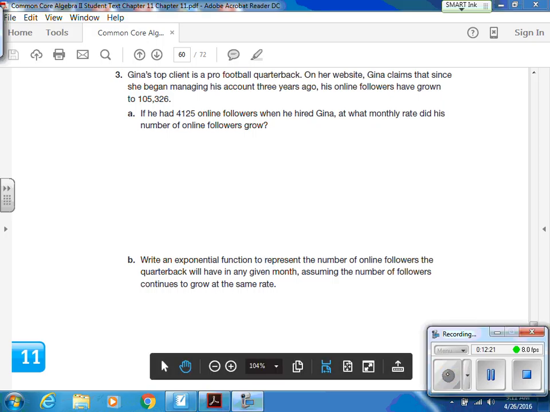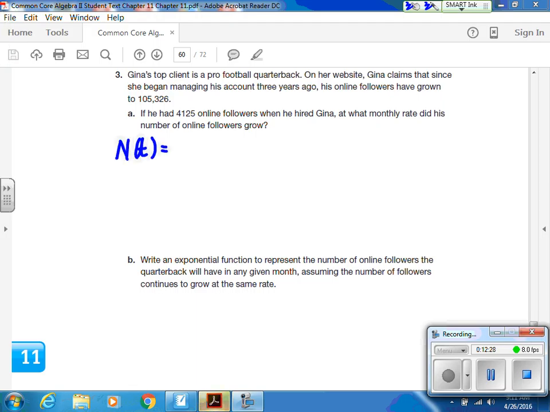Set this up. Remember, the original formula is your amount after a certain amount of time equals your original amount times e to the rate times time. Right? So what is your amount after some time?